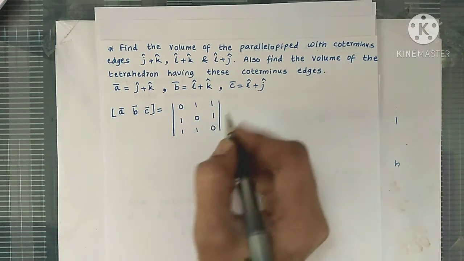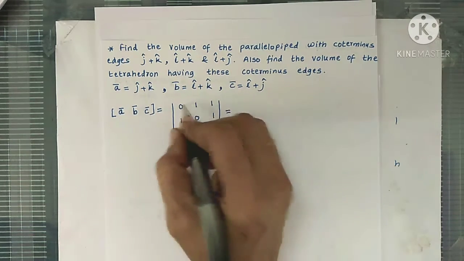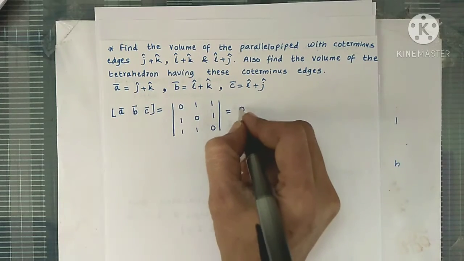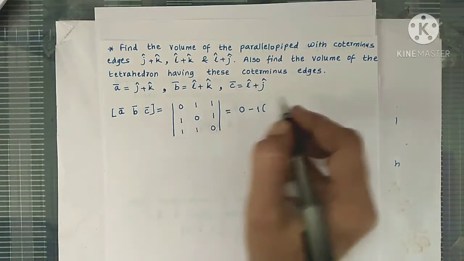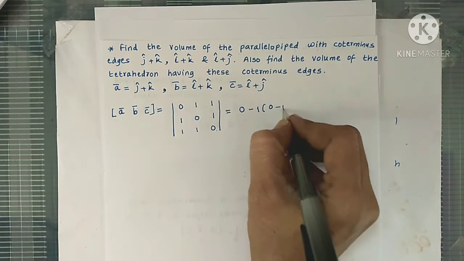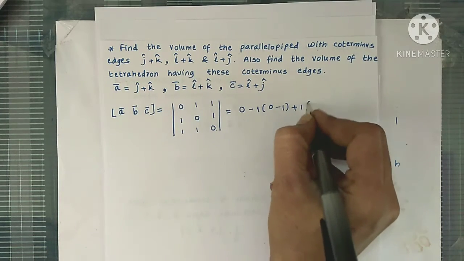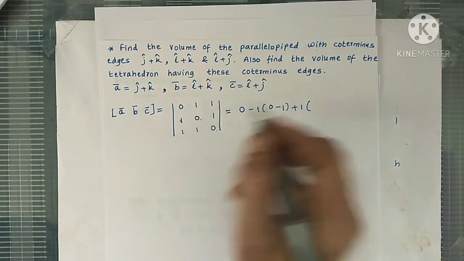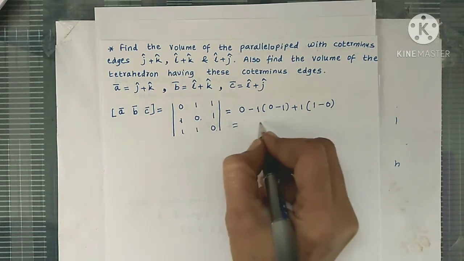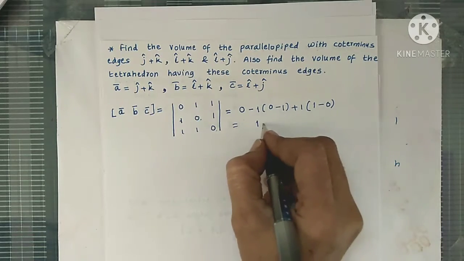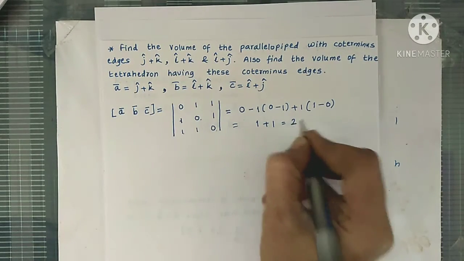Now expanding the determinant, as we have 0, the first term is 0. Then we have minus 1 multiplied by (0 minus 1). Next is plus 1 multiplied by (1 minus 0). So that becomes minus minus plus 1, and this is also plus 1, so it is 2.